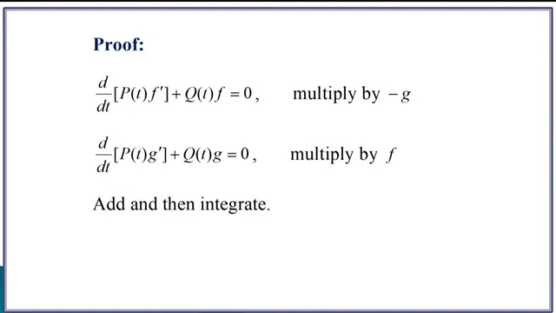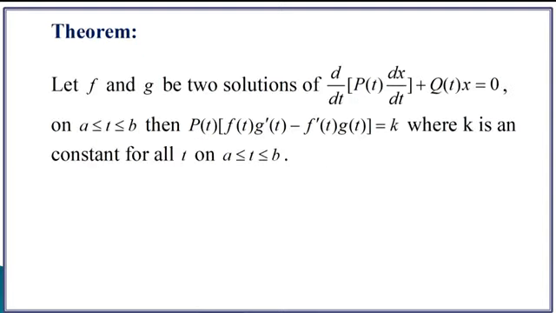Now, how do we find what we should multiply each equation by? If you carefully observe this term, f of t into z dash t, we are going to prove that this term is equal to a constant. What we actually need to find is f of t into g dash t minus f dash t into g of t.